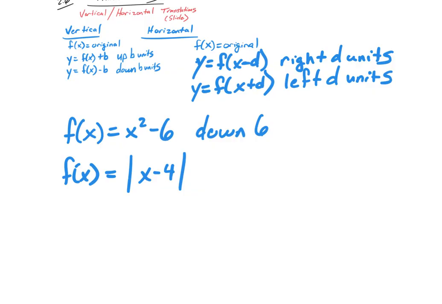So here we would say that this graph is going to move right 4 units. So it's going to take that v, okay, and I'll show you a couple of graphs here in just a second, so I can pull up these all at the same time and show you the application that's taken place.